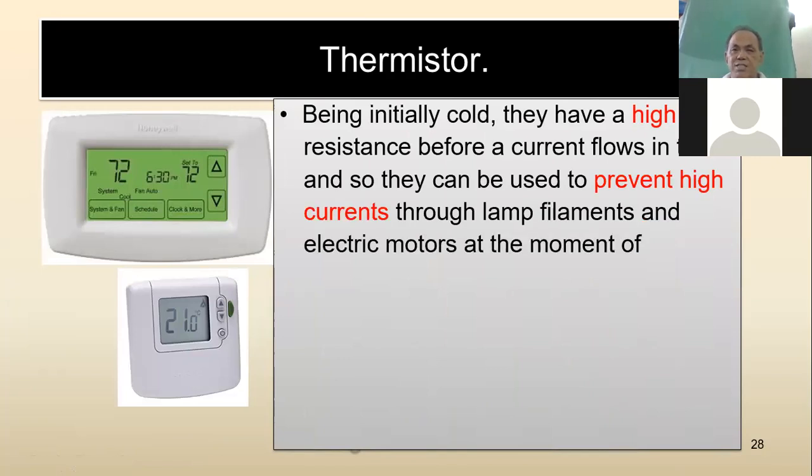We don't want the current to flow very fast or very high, as it may damage the lamp or electric motor. So if it's cold, it has high resistance, and the current will be very small. Only as it starts to warm up does the resistance decrease, and then more current flows. That's a practical use, protecting the lamp or electric motor the moment we switch on.